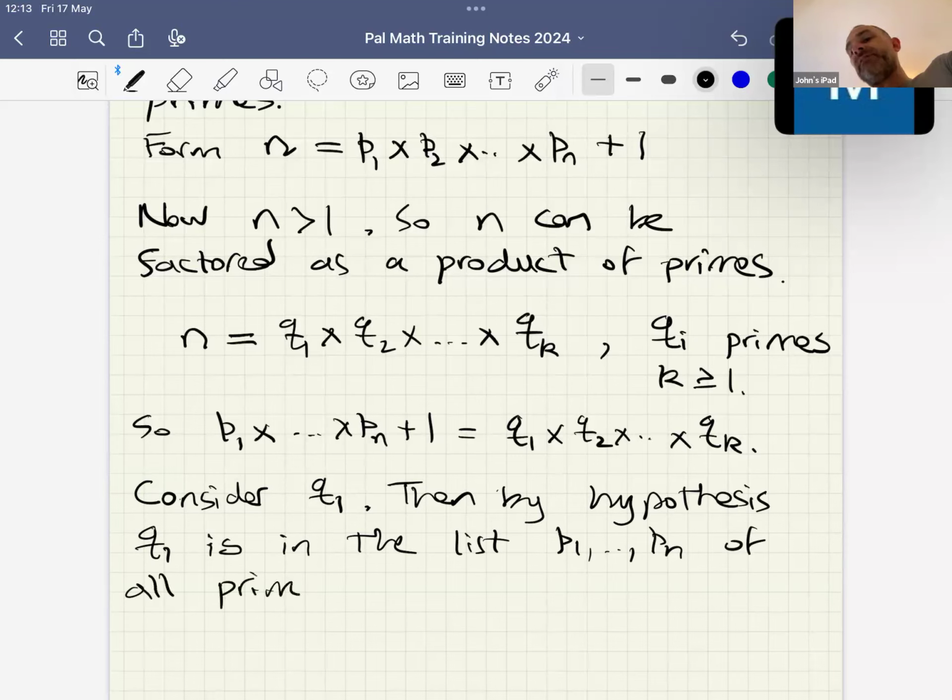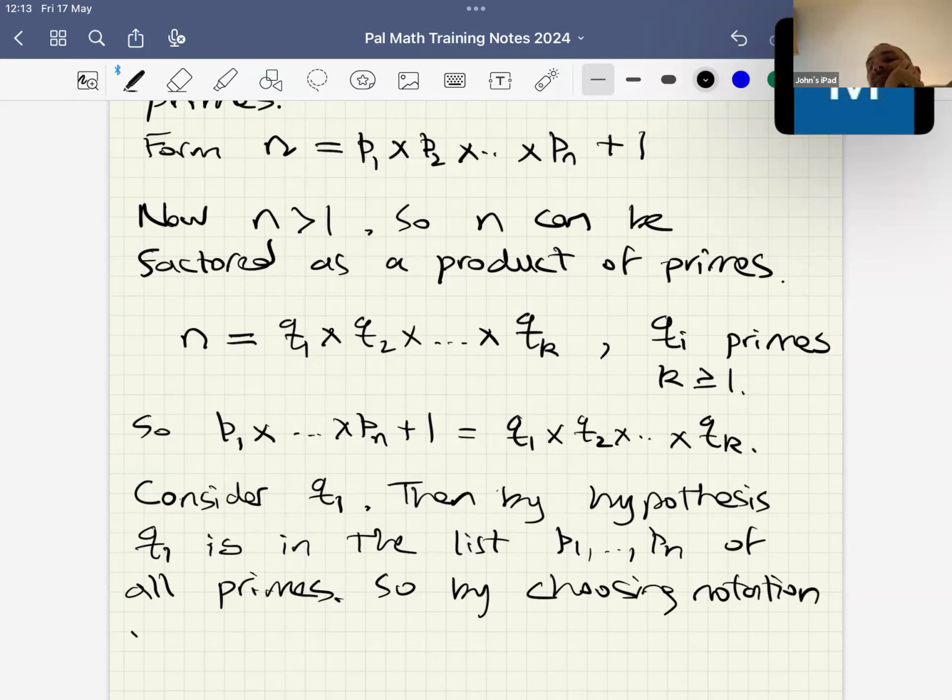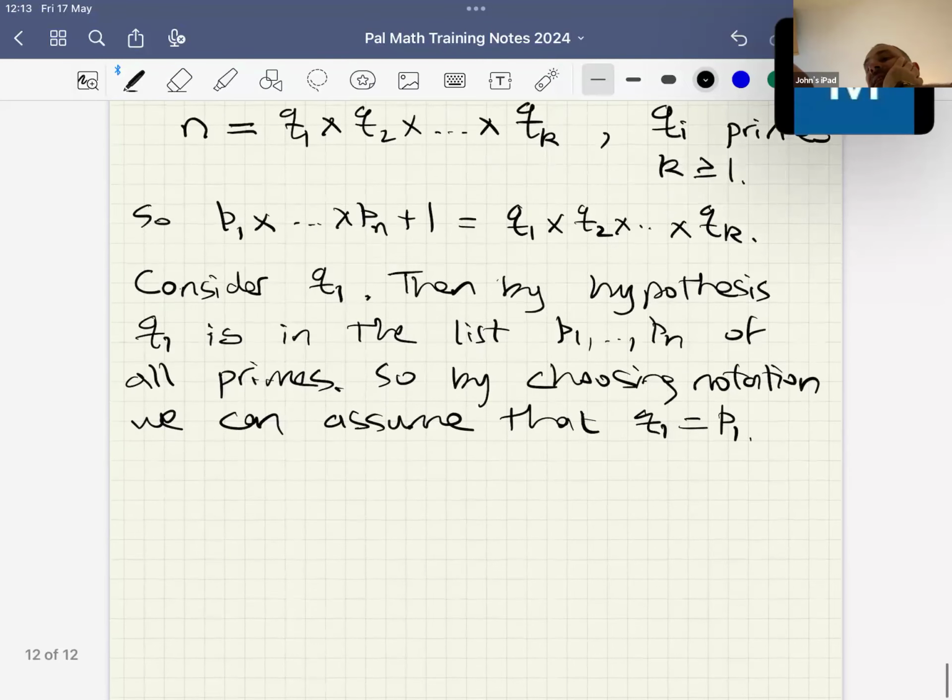So by choosing notation, without loss of generality, we can assume that q1 equals p1. We can just choose our notation like that.